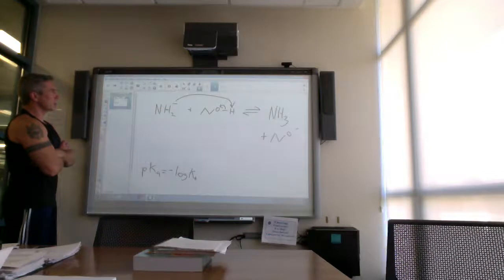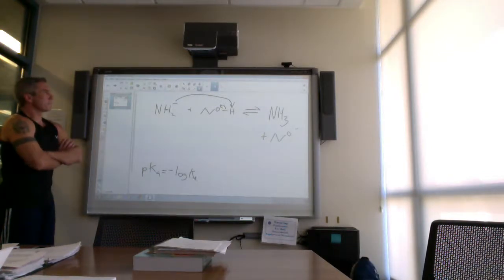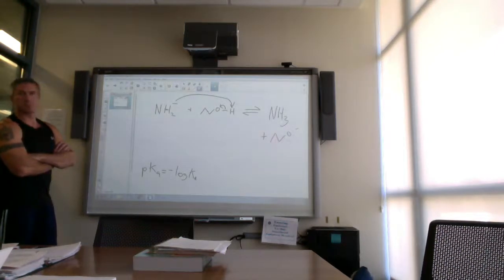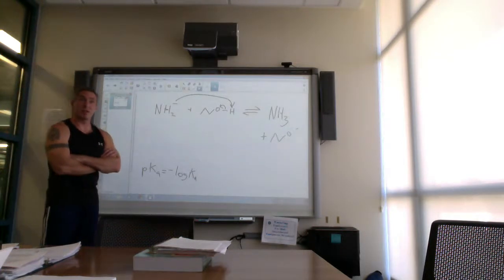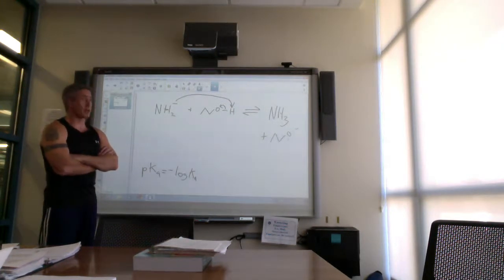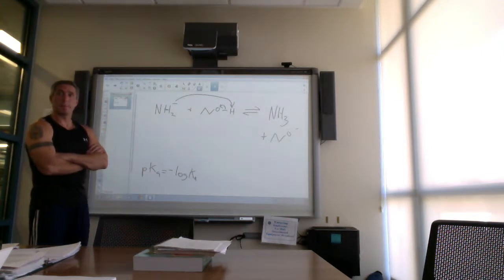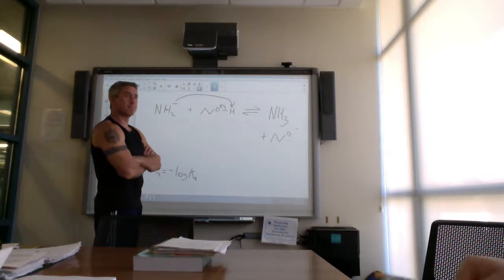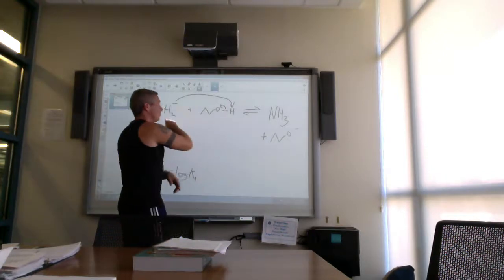Which one has the smaller pKa? It's the question of me asking you, what's the strongest acid you see in that equation? There's only one acid. And again, this is still technically the conjugate acid of this base.